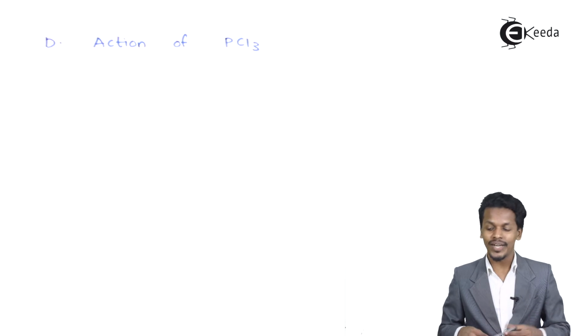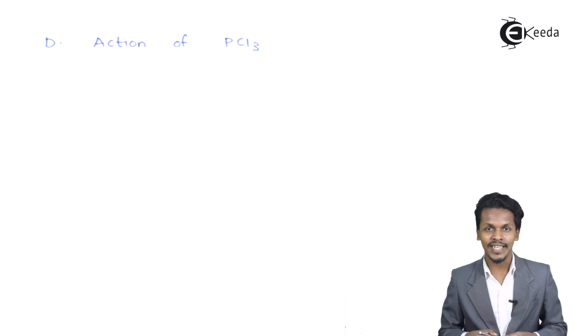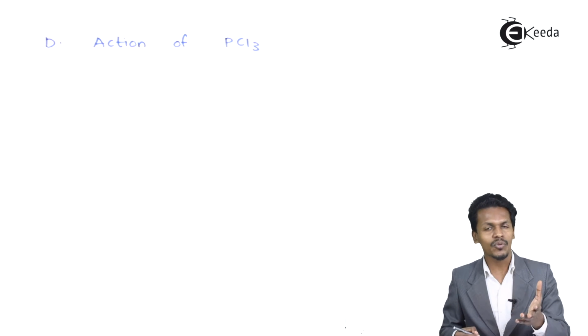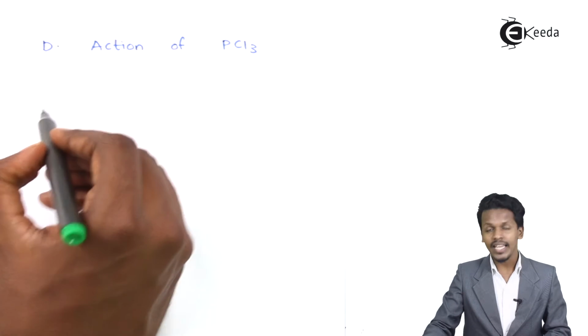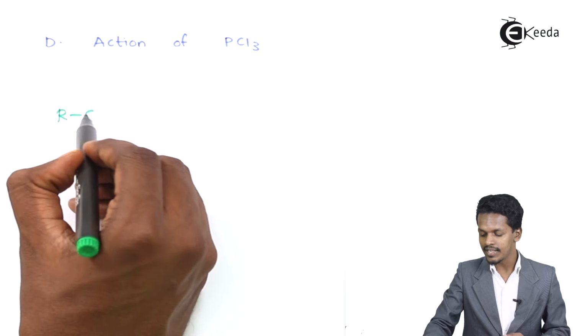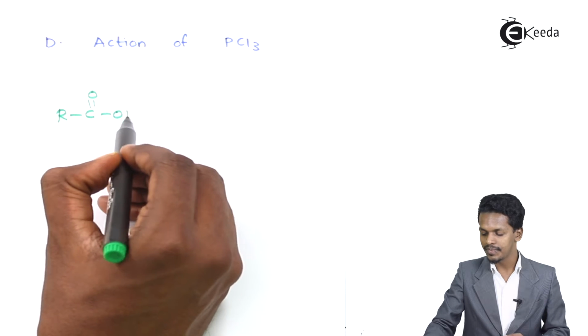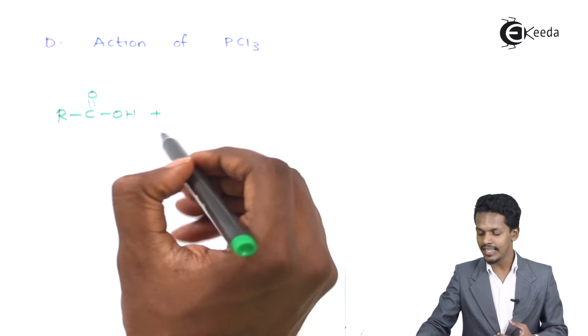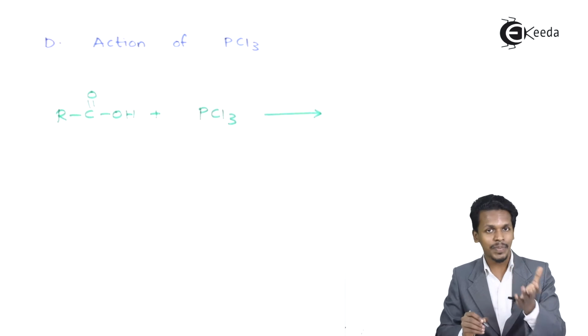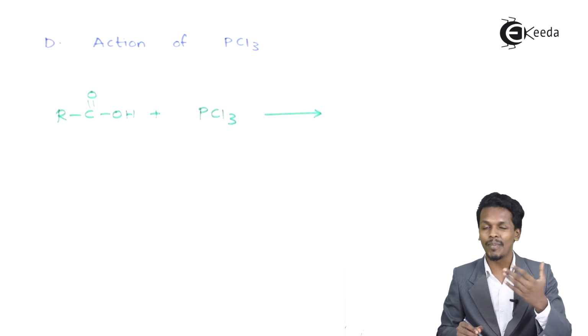Now let us talk about the action of PCl3 on carboxylic acid. PCl3 is known as phosphorus trichloride. Let me give you the general reaction. Again we are representing RC double bond OH, and suppose it reacts with PCl3, that is phosphorus trichloride. To represent this reaction, we have to represent the balanced reaction.